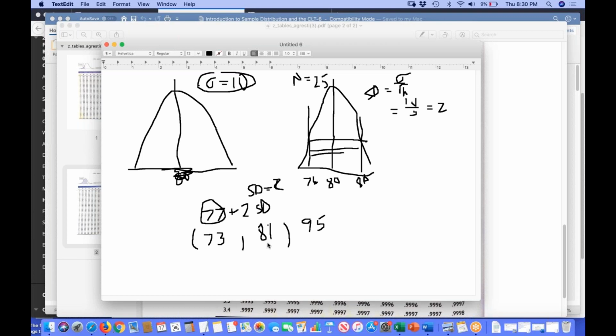Okay, so I can do this again. Maybe next time I'll get 81. Maybe the next time I'll get 80. And each time I do this, I can set up a confidence interval around the result that I got, basically doing the same thing.